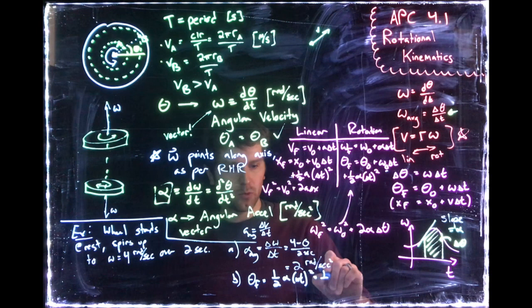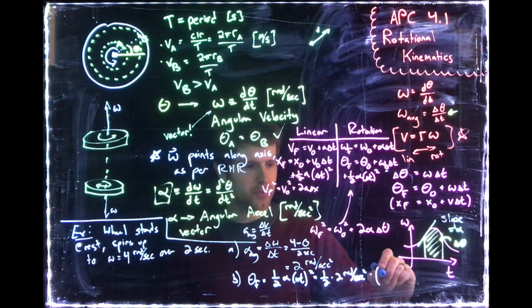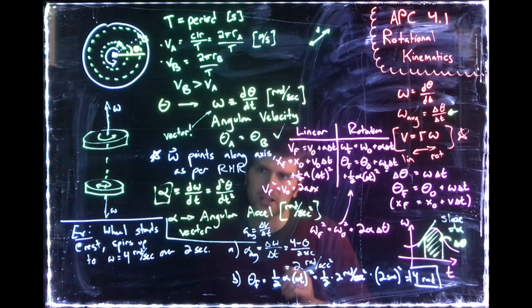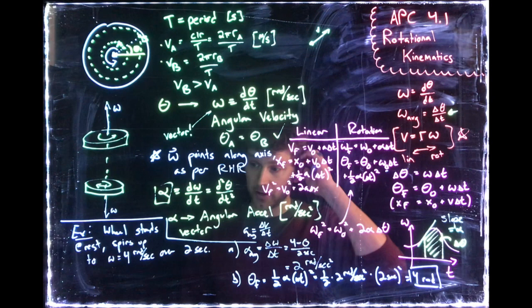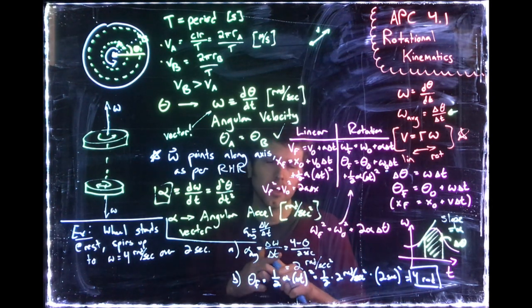That gives 1/2 times 2 radians per second squared times 2 seconds squared, so that'll be 4 radians. How far is 4 radians? Remember, 2 pi radians, about 6 1/4, is a full turn. So in this case, over those 2 seconds, it goes not quite a full turn, a little over halfway around.